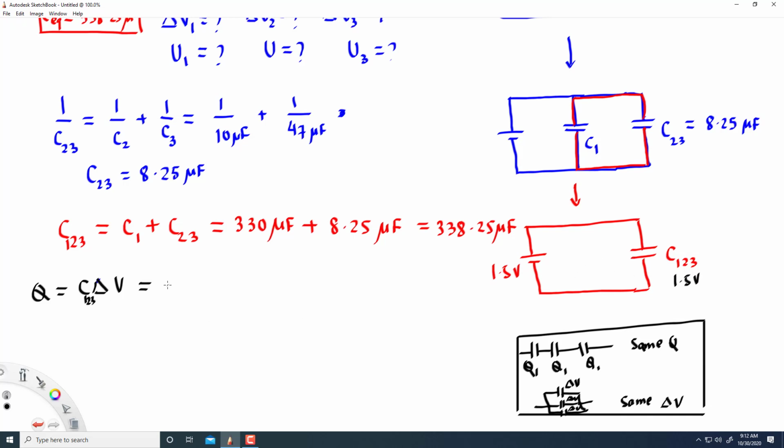So C123 is 338.25 microfarad. Delta V is 1.5 volts. You need to convert this to farad, so you need to do times 10 to negative 6. That will give you farad.